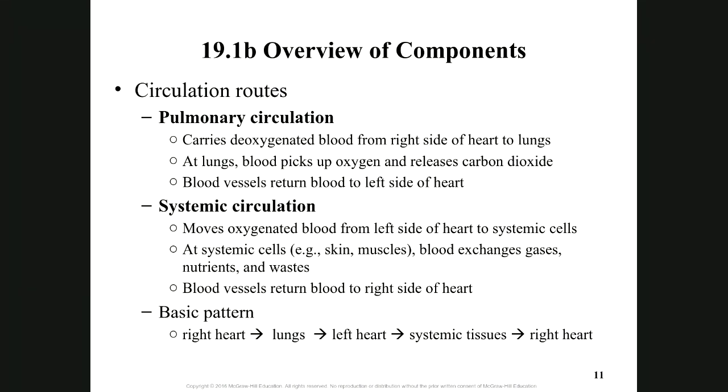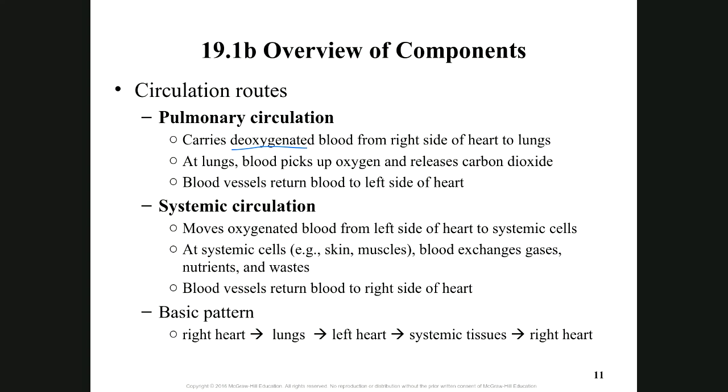And in our body, we have two types of circulation, two circulation routes. One of them is called pulmonary circulation, and the other one is systemic circulation. The pulmonary circulation carries deoxygenated blood from the right side of the heart to our lung.